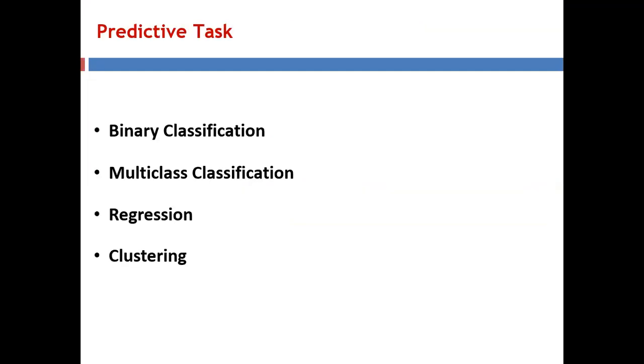Okay, so let us now understand the predictive tasks. These are some predictive tasks which the predictive model is used to perform, to achieve the goal. The first predictive task is binary classification.